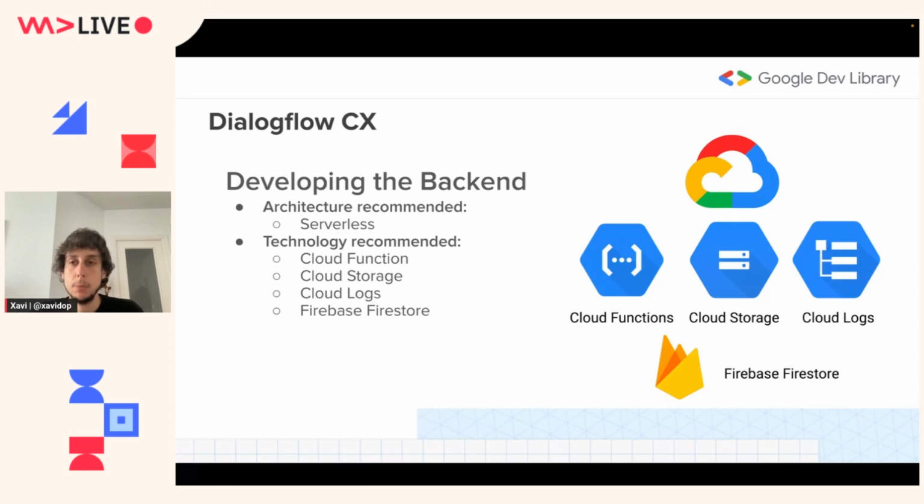And why serverless? Because not all the people are interacting with your chatbot at the same time. These interactions are spontaneous, so that's why I usually prefer a serverless architecture. Of course, if you have a bunch of interactions, we should reconsider that and deploy the webhook as a server, which is also available.